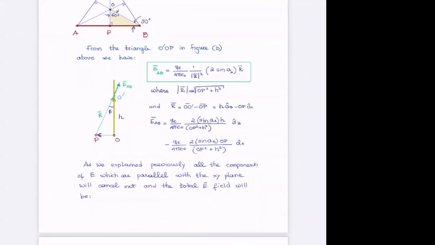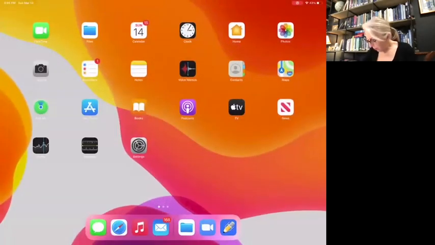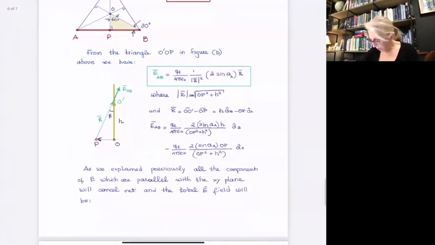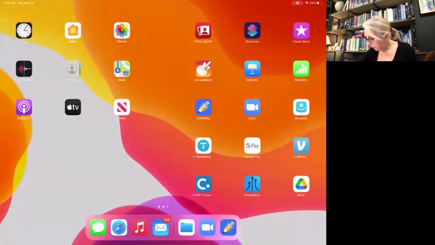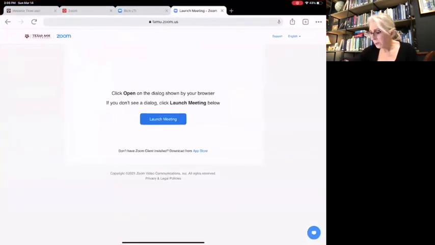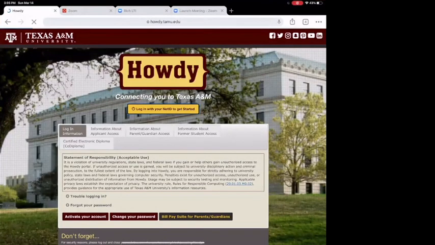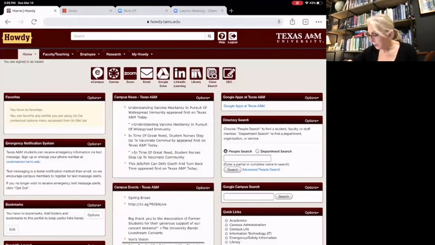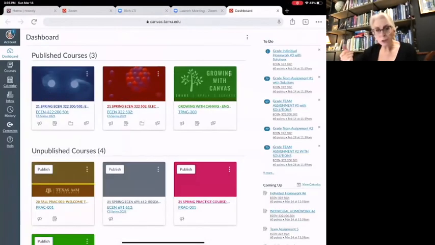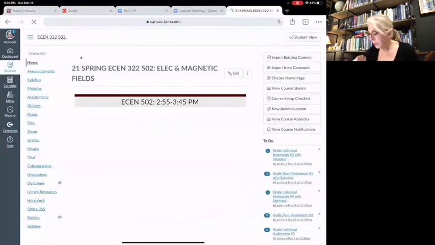Professor, I was looking at some of the notes, and it says that they're unavailable. Some of the Gauss's law notes say that the file is part of an unpublished module and is not yet available. Where is that? Let me see. In what section are you? 502. Okay.